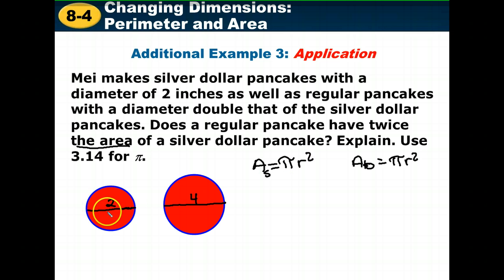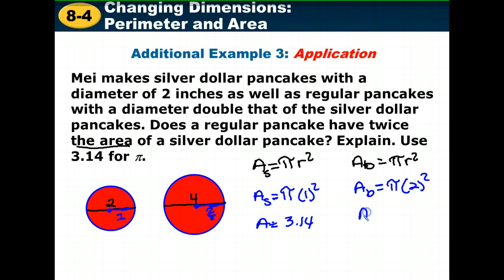So the radius here will be 1 and the radius here will be 2. So the area of the small one will be pi times 1 squared, and the area of the big one will be pi times 2 squared.